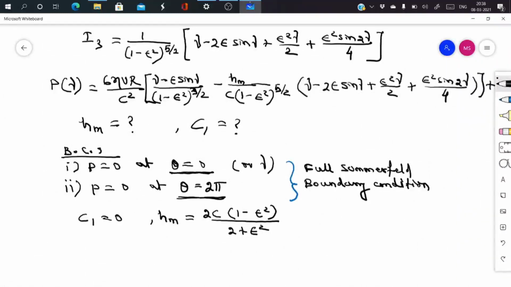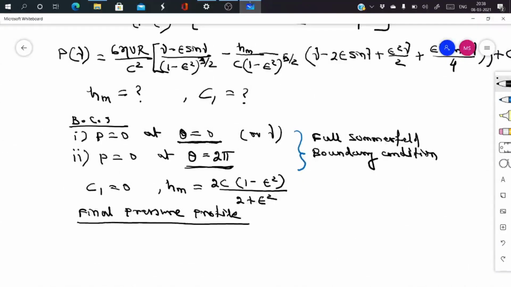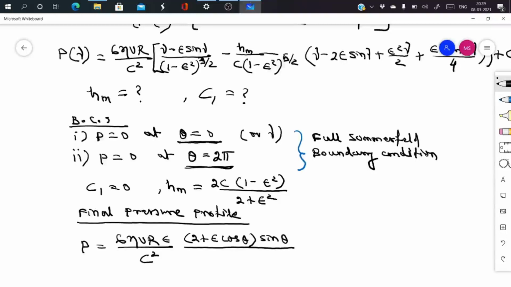Now in the final form, in the theta coordinate system, the final pressure profile: P equal to 6 eta u r epsilon divided by c square, and so on.